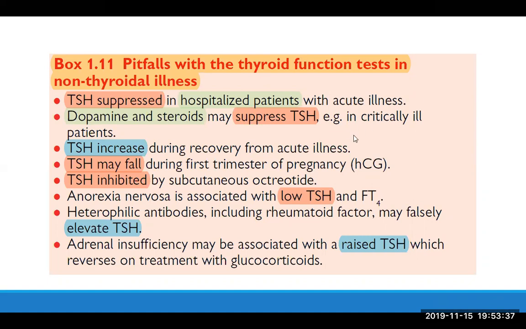Yes, low T3 syndrome, which is sick and non-thyroidal illness. In this scenario, T3 will be low, then T4 will be low, and the TSH may be low or low-normal. Another very important issue is that steroids and dopamine can both decrease TSH.